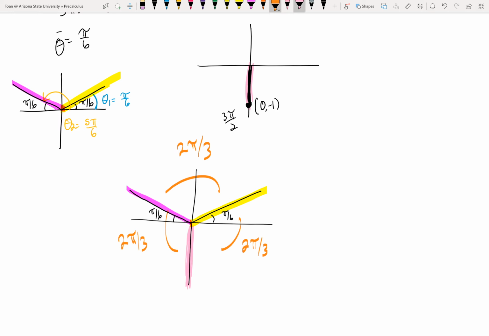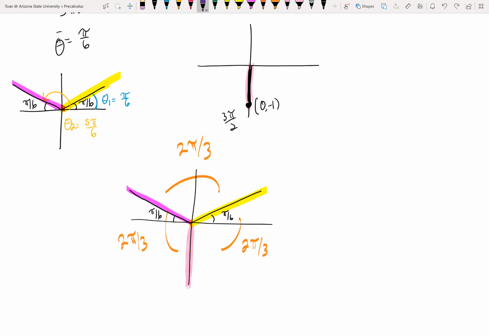So what this means is I can start at any solution. Let's say I started at the yellow solution. Instead of going 2pi radians to get to my next answer, I only have to travel 2pi/3 to get to the purple answer. And then from the purple answer, I just have to travel 2pi/3 to get to the pink answer. And then from the pink answer, I only have to travel 2pi/3 to get back to the yellow answer, and so on and so forth.